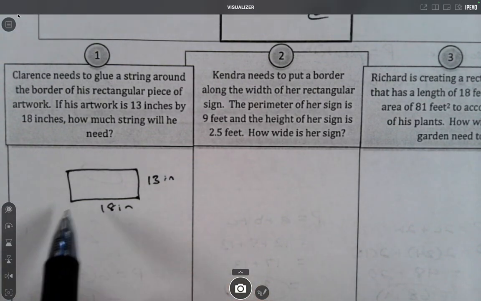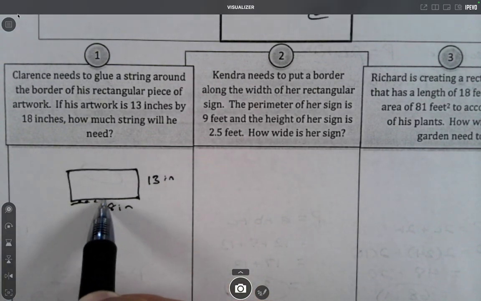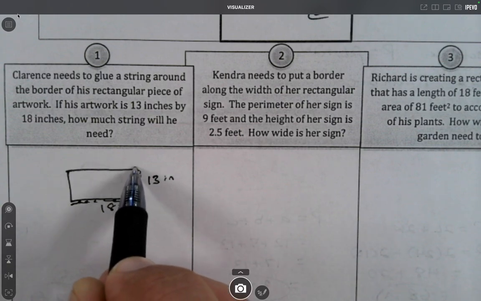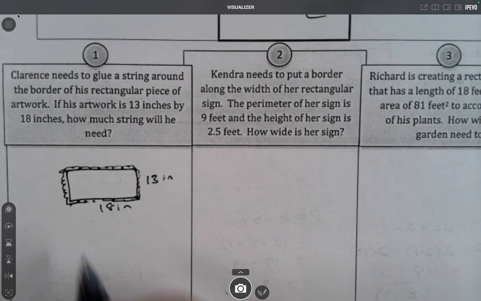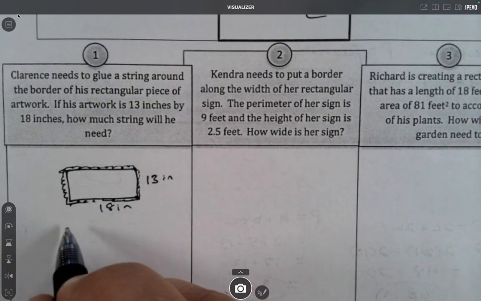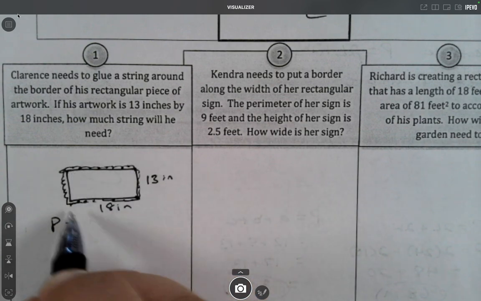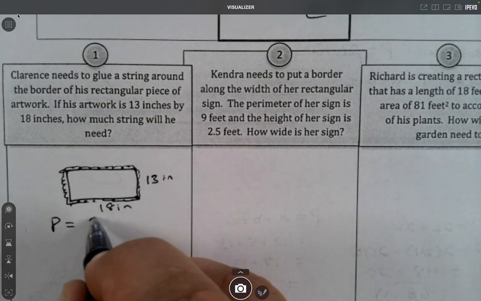So if I'm putting a string around it, so string all the way around it. We're not curling the string, I'm just trying to make it look like it has texture. So we do the perimeter, because the perimeter of the rectangle is how much string we'll need to cover the outside of it.